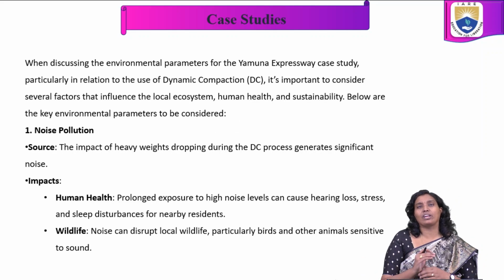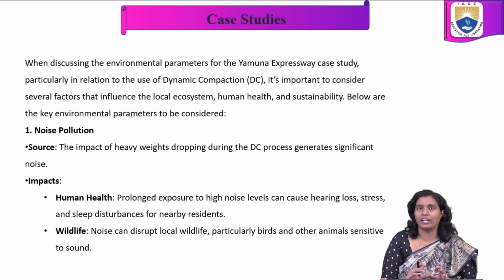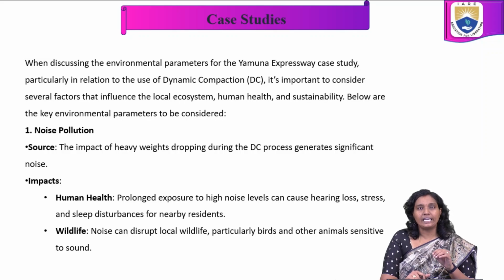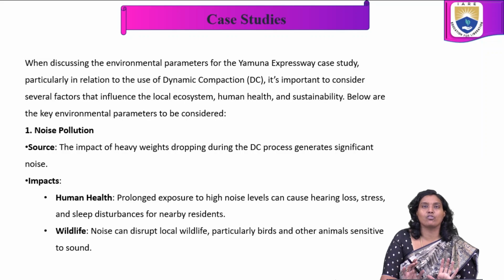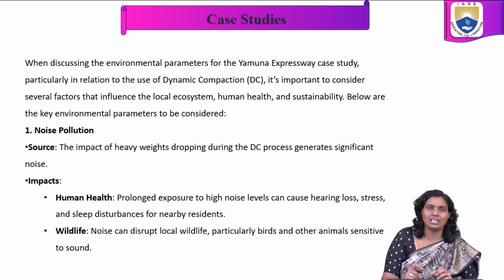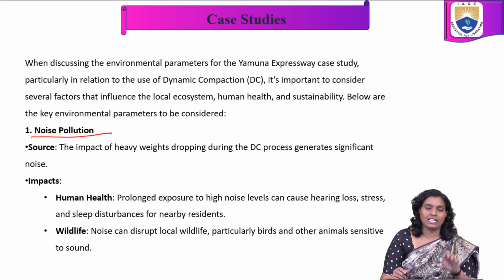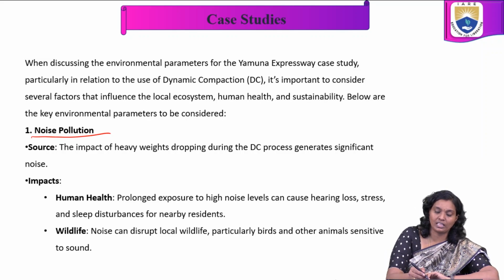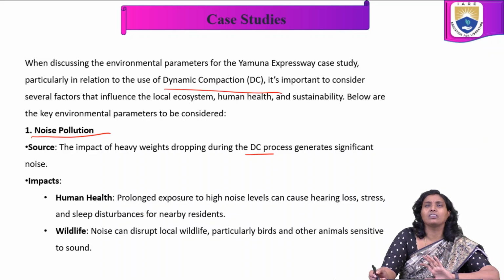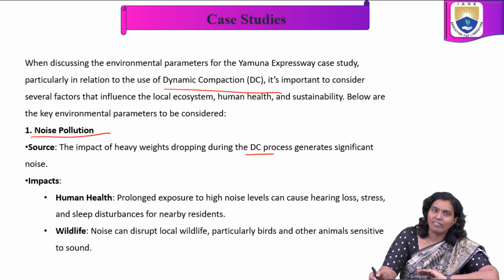So when we are discussing the environmental parameters for the Yamuna Expressway case study, particularly in relation to dynamic compaction, it is important to consider several parameters that influence the local ecosystem, human health and sustainability. Below are some of the key environmental parameters to be considered. The first is noise pollution. The impact of heavy weights dropping during the dynamic compaction process generates significant noise, which impacts human health and wildlife.